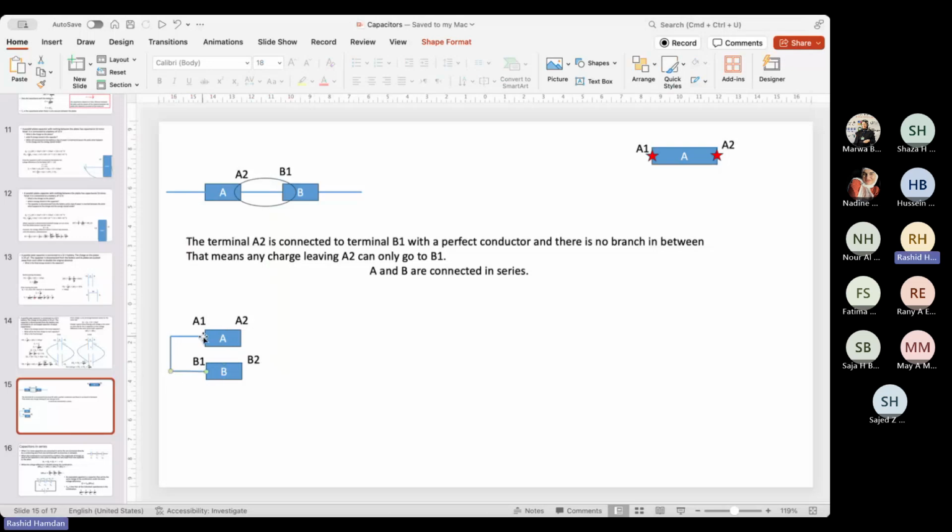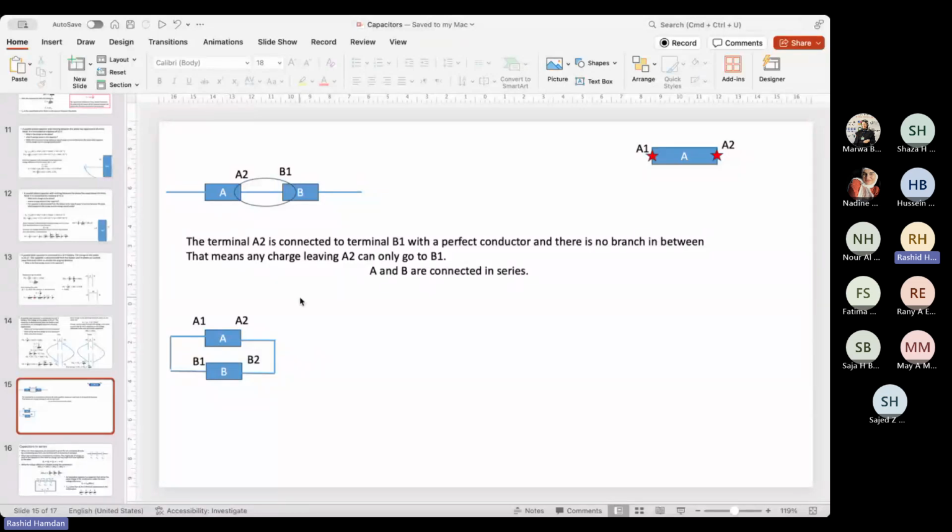So I'm going to connect A1 to B1 and I'm going to connect A2 to B2. But of course, if I do this connection, this doesn't make any sense unless I make branches.